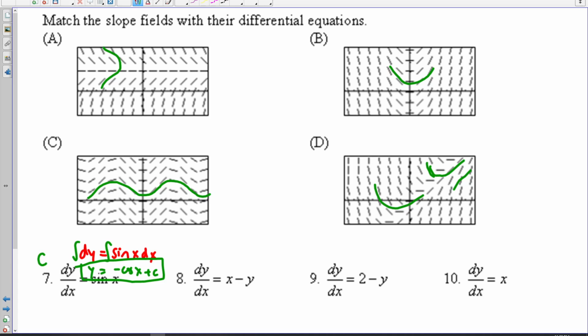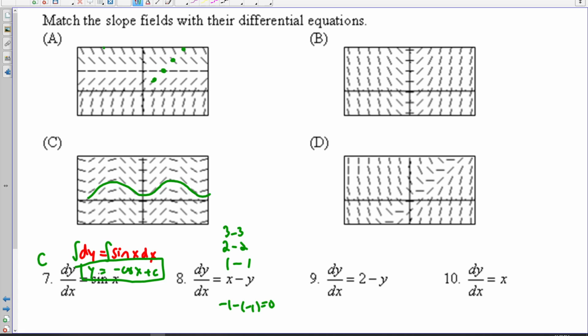And then number 8 is x minus y. This says I'm going to get a slope of 0 anytime x and y are the same, right? Anytime x and y are the same values, I'm going to get a slope of 0. So if you look at my choices here, here's the diagonal: 1, 1, 2, 2, 3, 3, 4, 4 are the slopes 0.